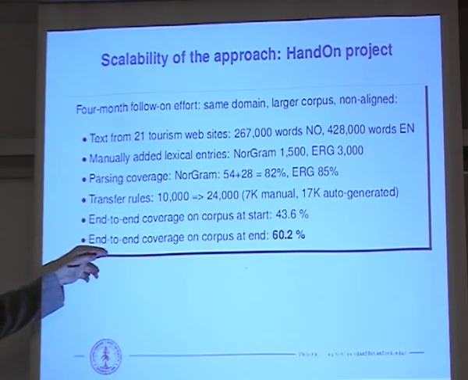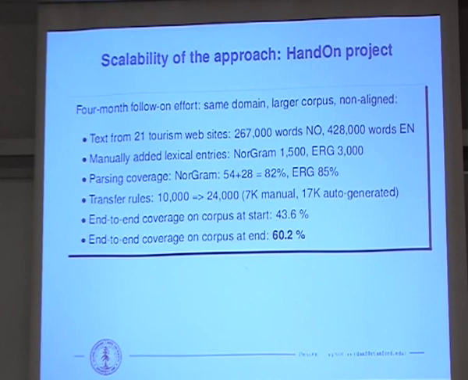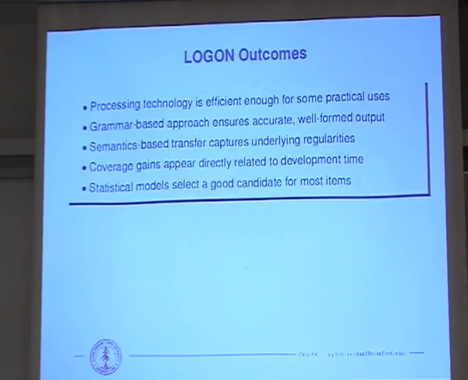But it was possible to bring this to 60%, and we saw a very similar improvement curve during that 3 or 4 months. The more effort we put in, the better we got, and we always just ran out of time and money before we ran out of opportunities to further improve that system.